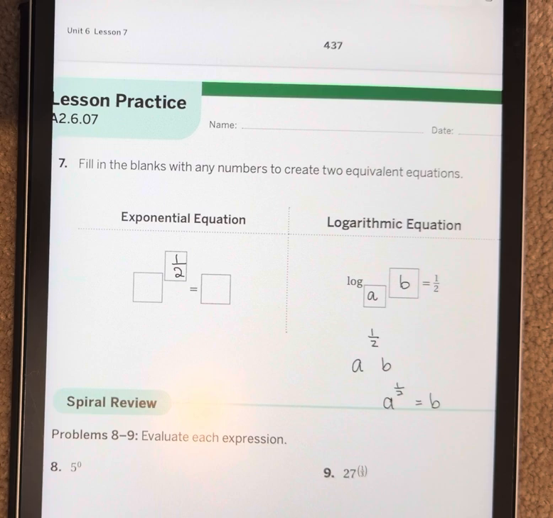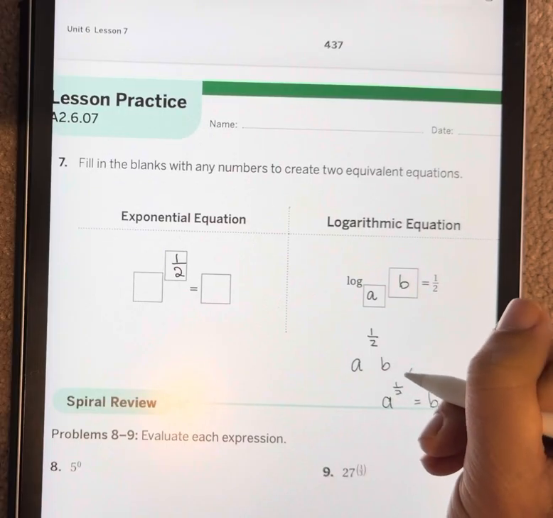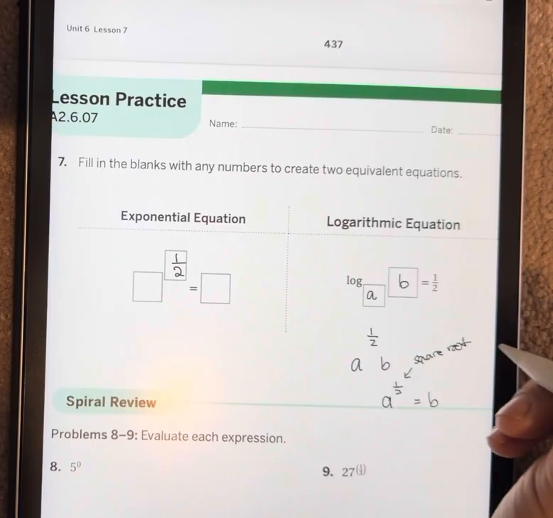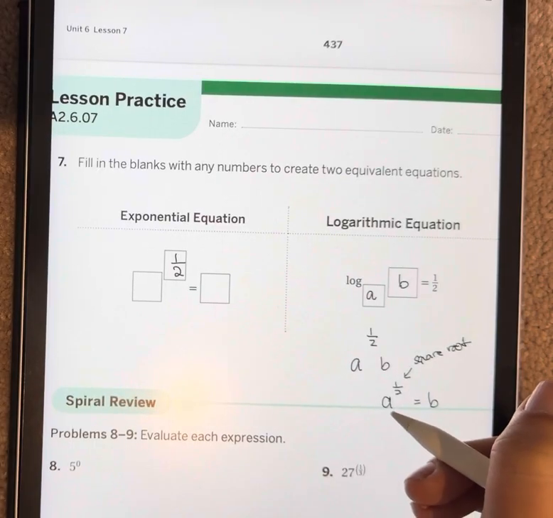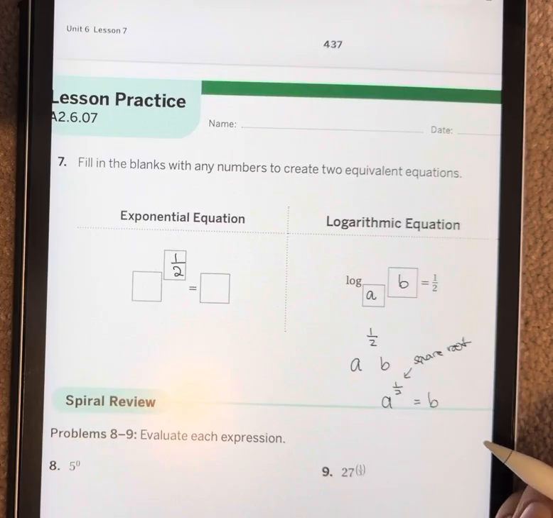It says with any numbers, yeah. Okay, so that basically just means a 1/2 power means square root. So I need whatever I pick for A to be B squared, or whatever I pick for B to be the square root of A.